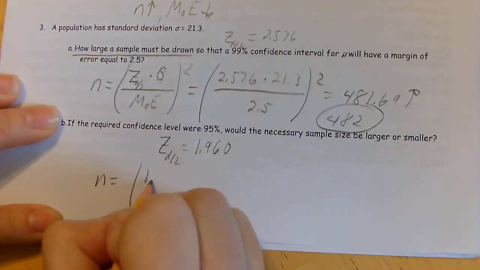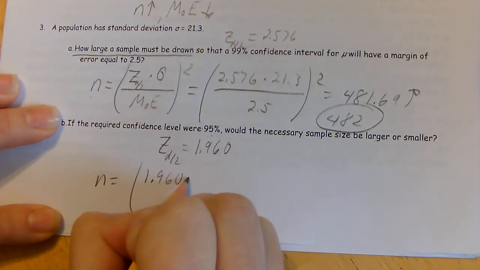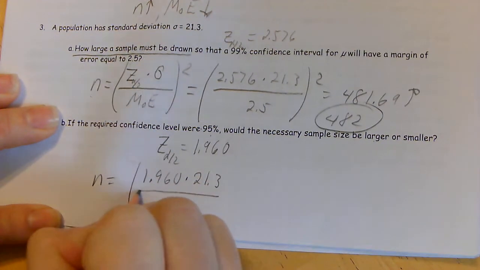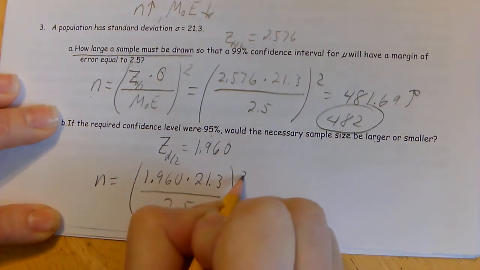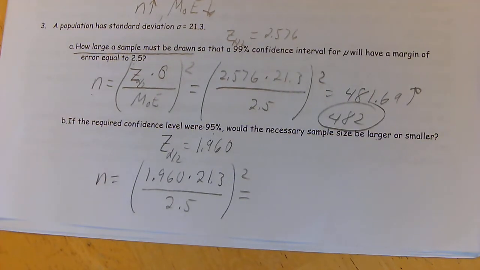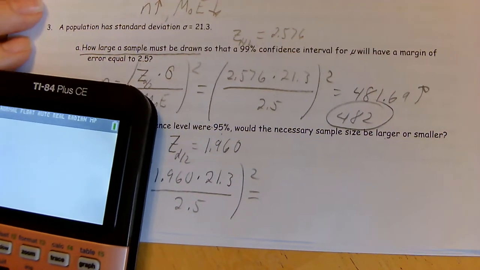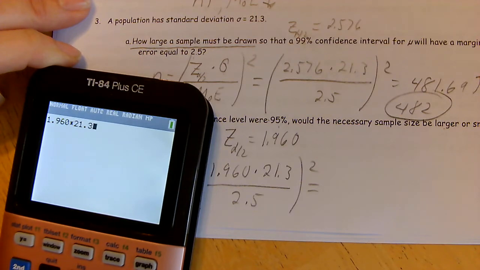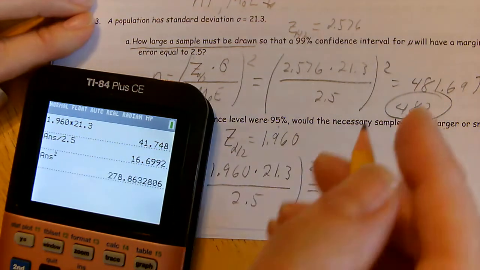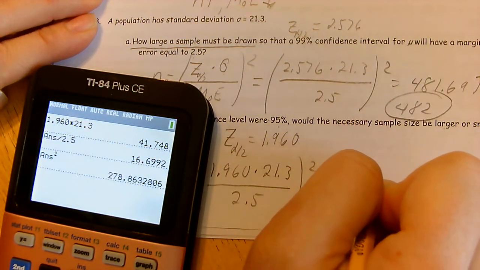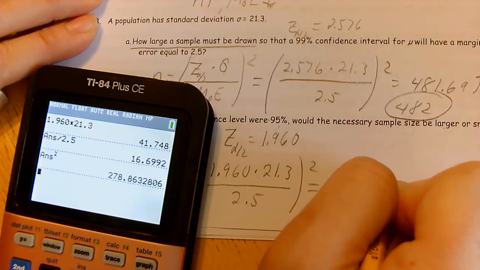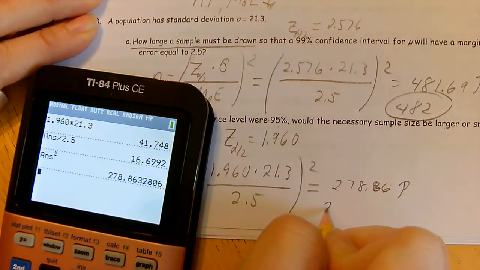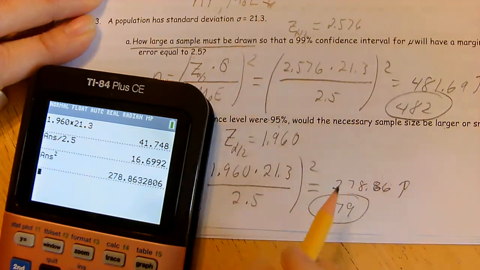So what size sample would we need? Now it's 1.960 times 21.3, enter, divided by 2.5. Don't forget to square it. We need to round up to 79, to the next whole number.